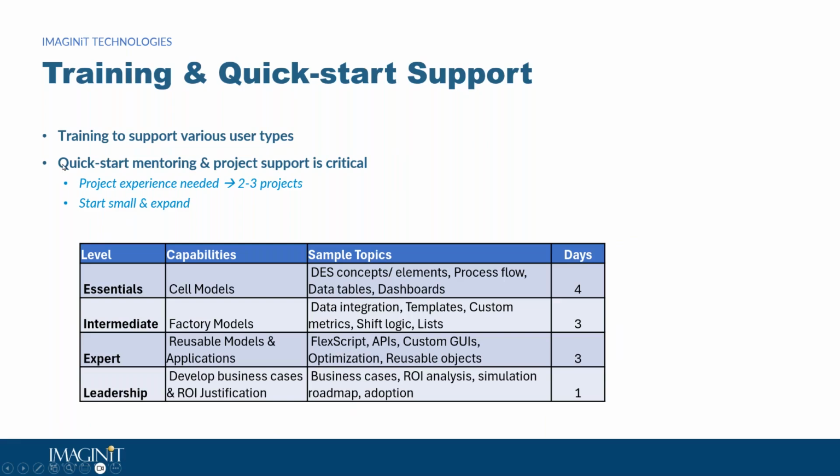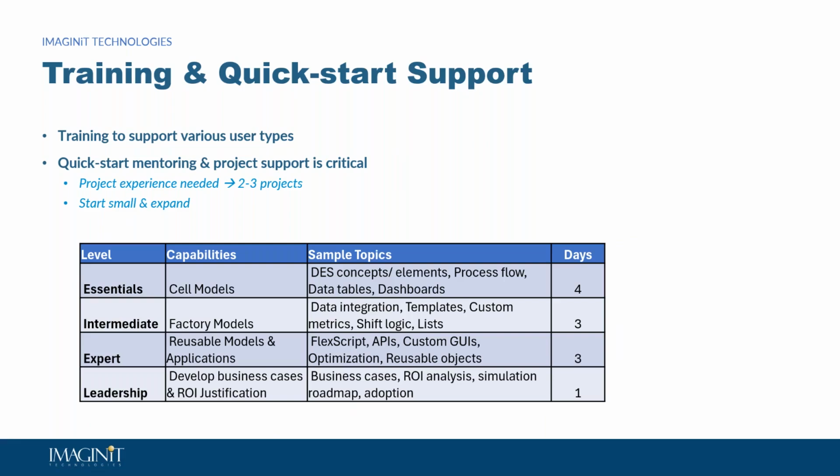So beyond training, what we found to make organizations be successful is having mentoring and support available for the first 2 to 3 projects as someone gets up the learning curve. And with that, we look at a plan of starting with a small project and ramping up the capabilities as a person does more projects.